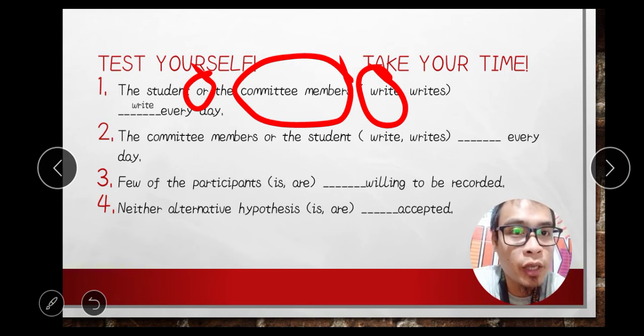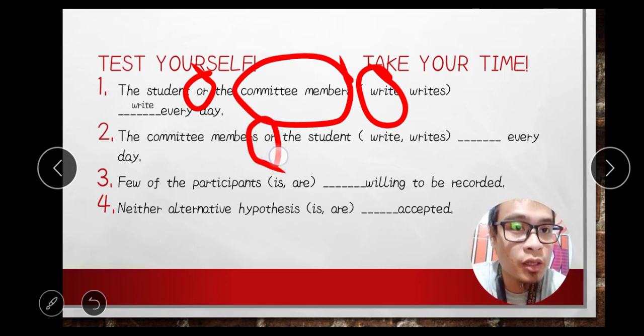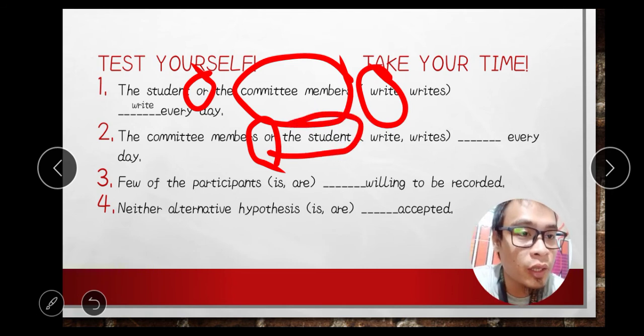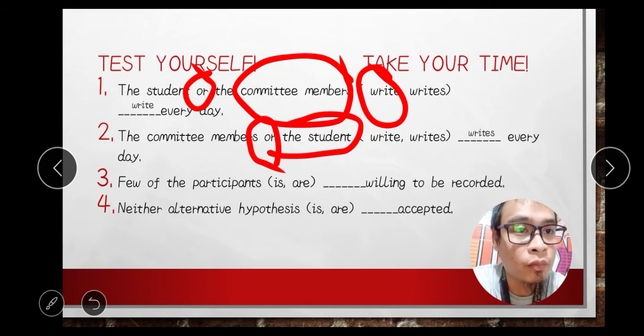Same conjunction, or, so the nearest subject is student. The student is singular, so therefore our verb is also singular, so the answer is writes. Singular verb again, add s or es to the base form of the verb.